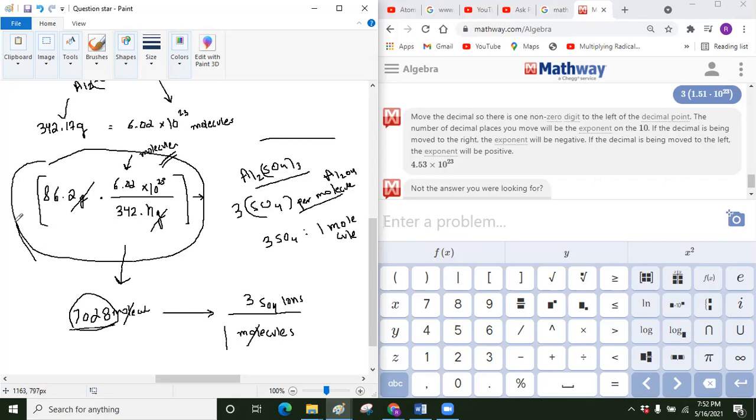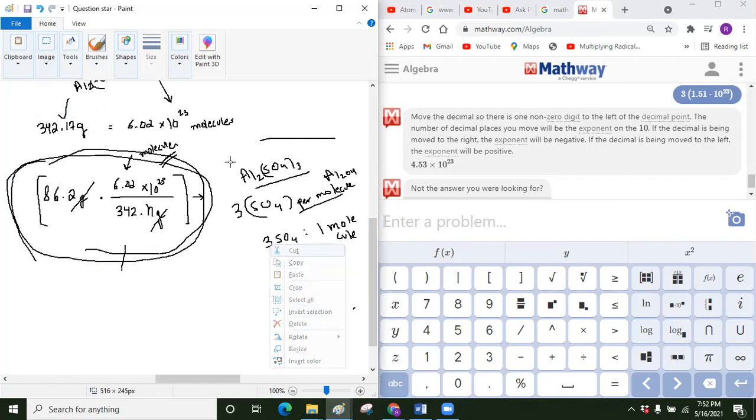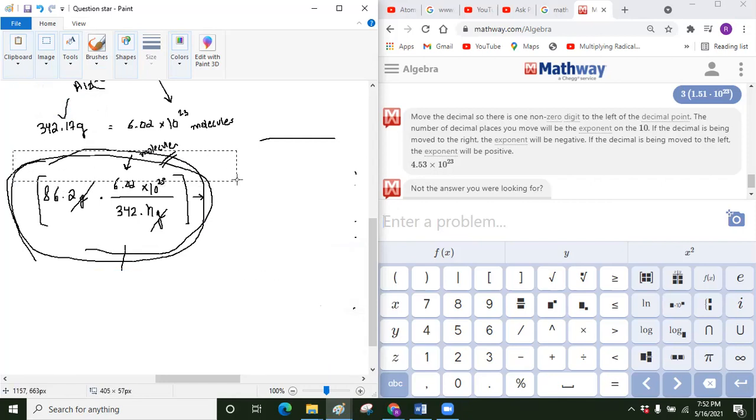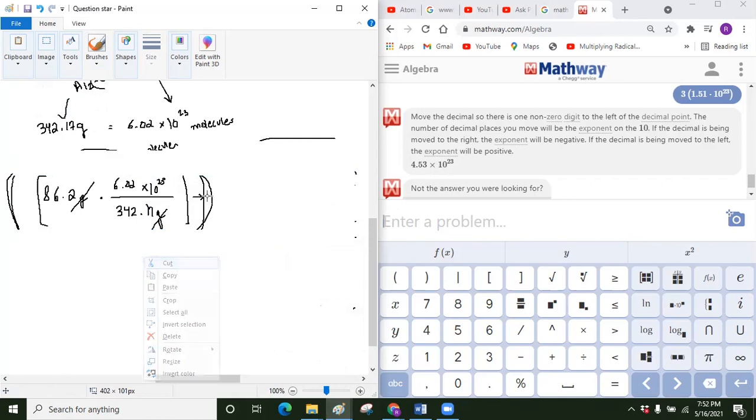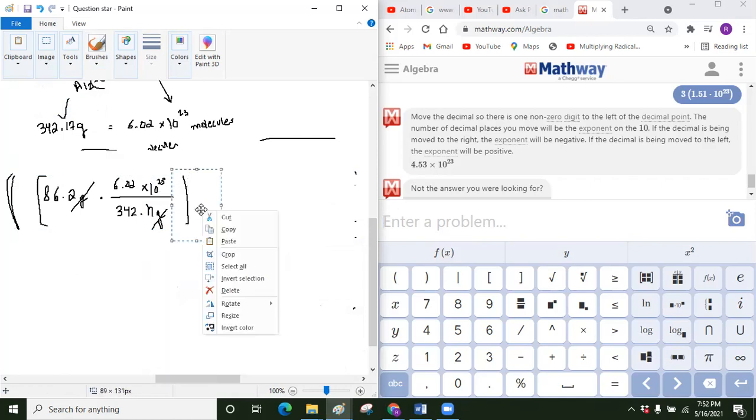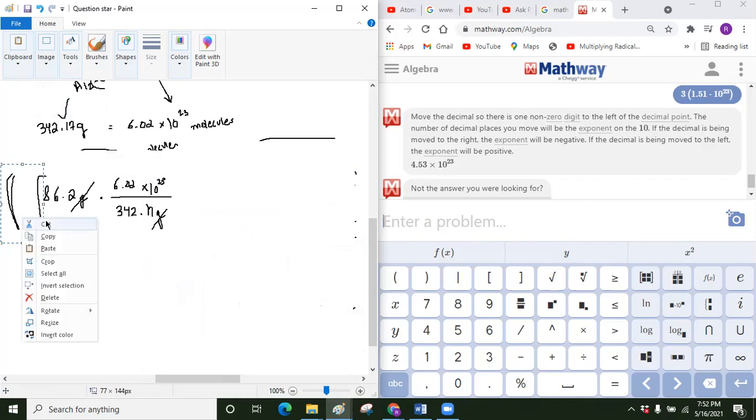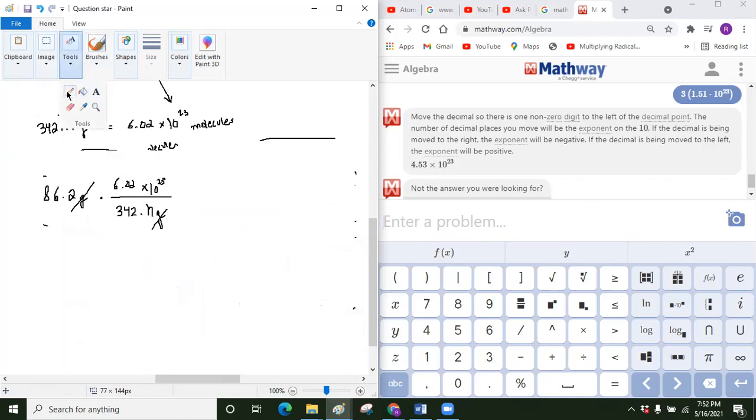The number that you got from here would bleed into this conversion factor, and then you would get the amount of ions that you would have. So, extending this conversion factor without stopping too early, you could just say 86.2 grams multiplied by this fraction here, and then you multiply again into the final answer that you want.